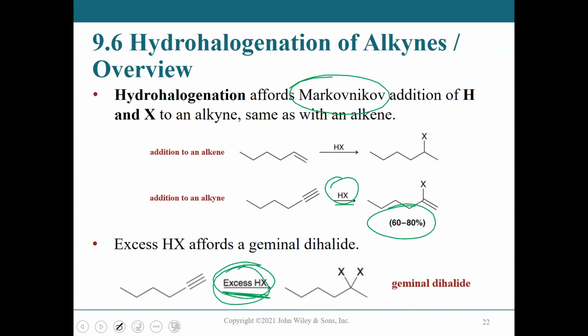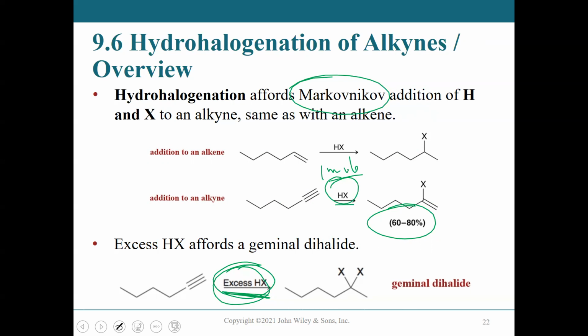Now, let's make an arrangement. Do you want to see the word excess, or do you prefer to see the 1 mole? I will write excess on the exam, okay? By saying excess HX, it means you have to go all the way. Maybe in some of the previously posted practice exams I used the word 1 mole, to represent a stoichiometric relationship.